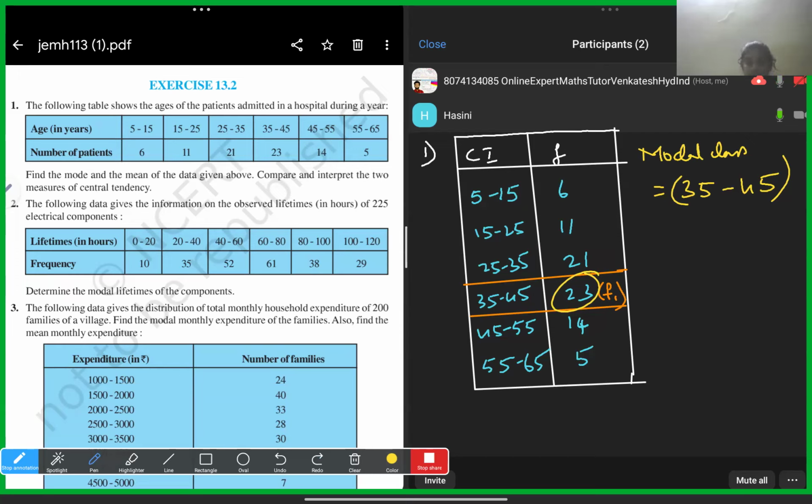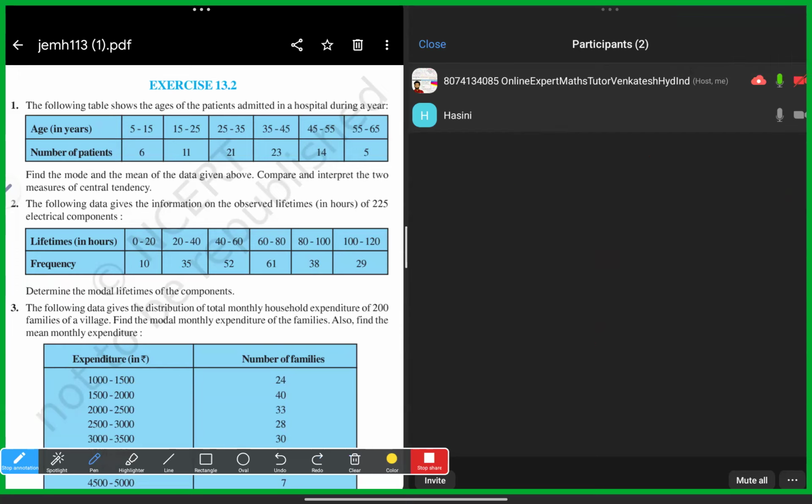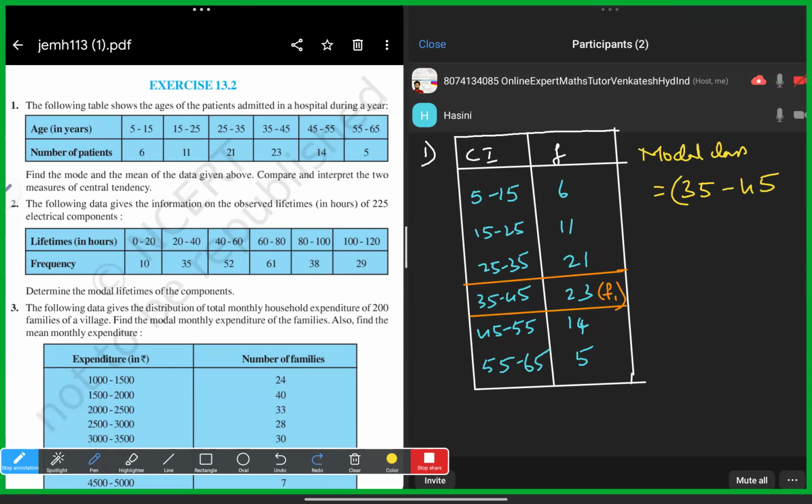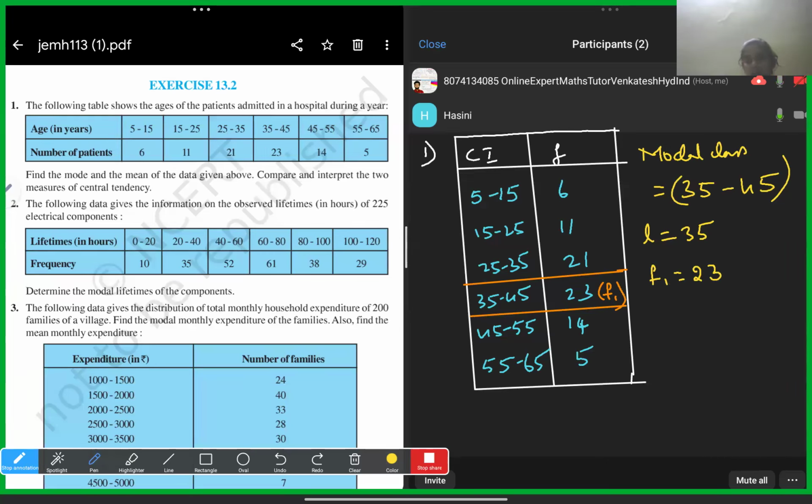Now, like I was telling, L is the lower limit of the modal class. L is 35. We already got the F1 value, which is 23.